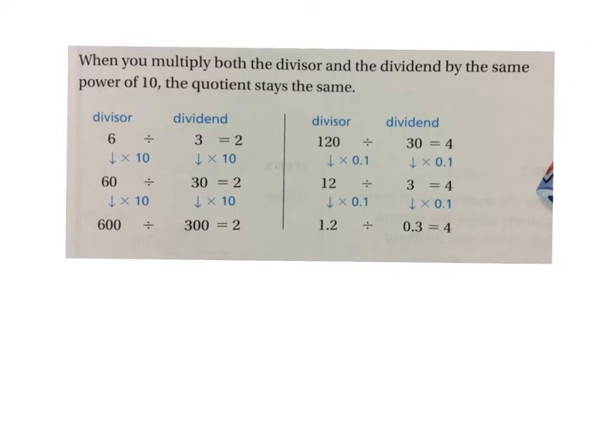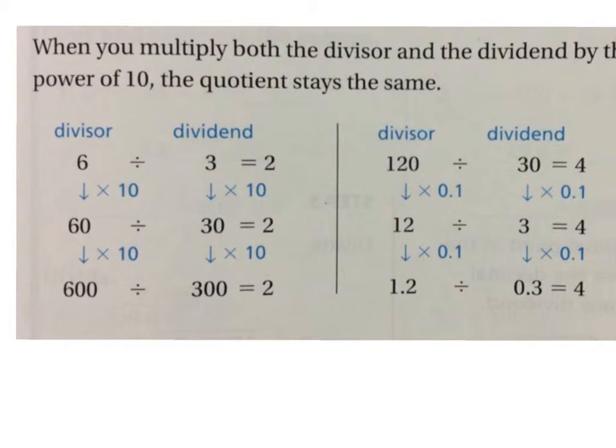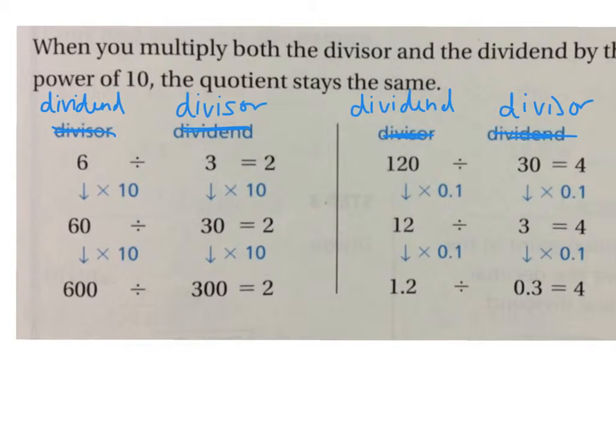So let's take a little closer look at this. When I do 6 divided by 3, what's 6 divided by 3? 2. We know that math fact, right? So back to what we know.